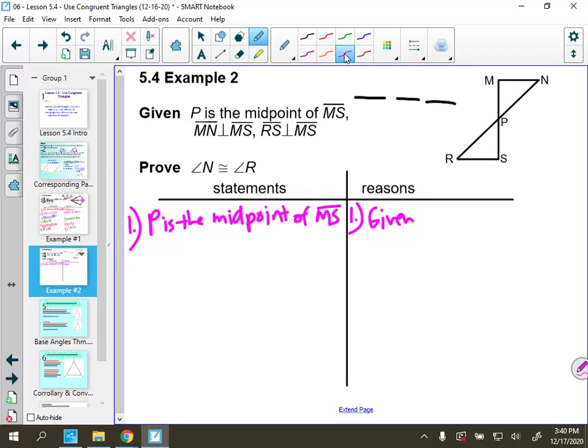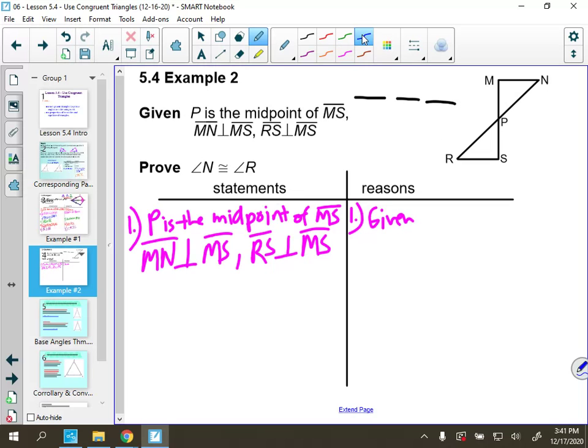And then we've got 2 separate pieces: segment MN is perpendicular to segment MS, and also segment RS is perpendicular to segment MS. Again, it's not a statement of congruence. We've got a little bit of work ahead of us as far as coming up with these 3 things. So let's take a look.